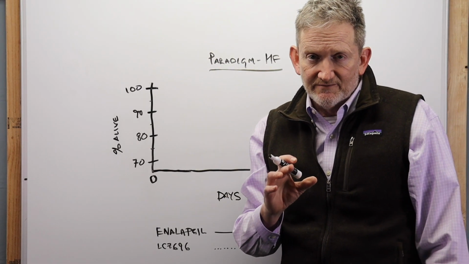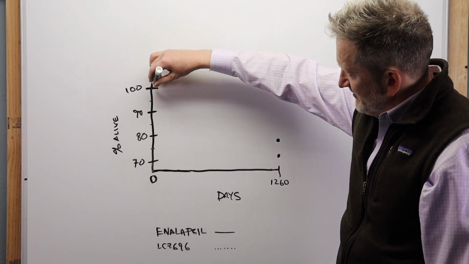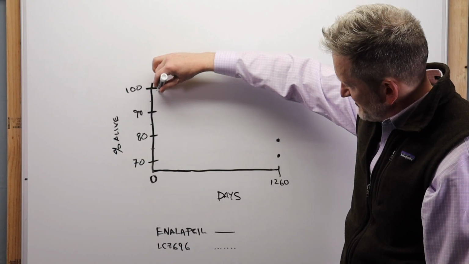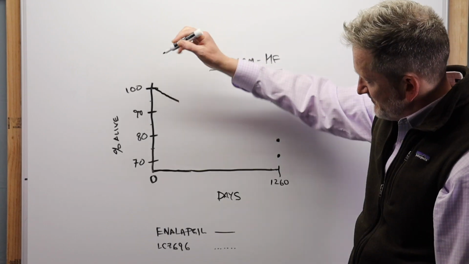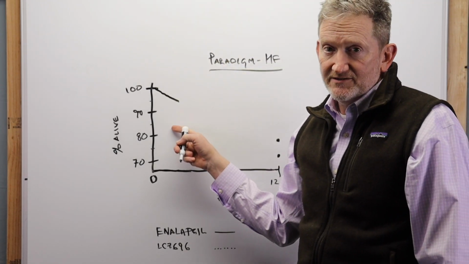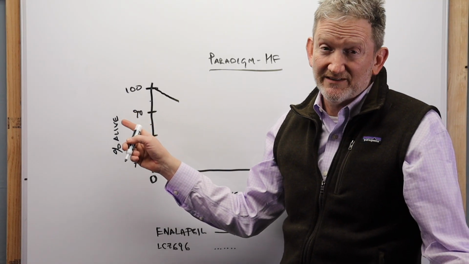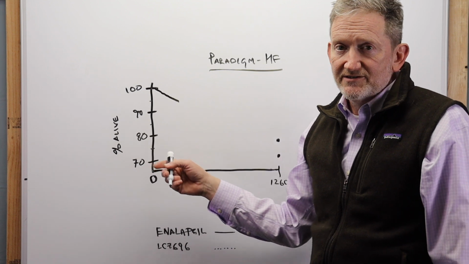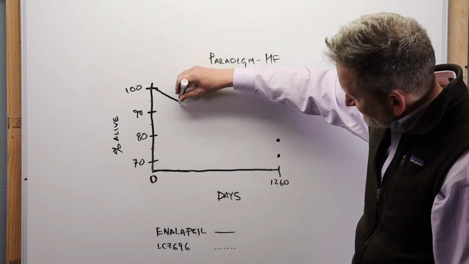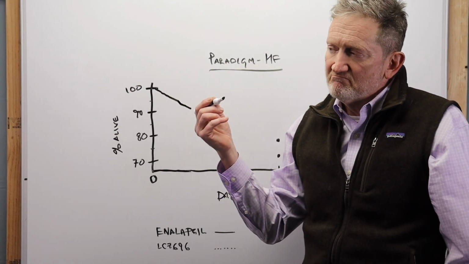And the researchers kept track of what happened to each and every person. So, as days started to proceed, the number of patients started to decrease who were taking enalapril, and the percentage of those patients who were still alive started to decrease as well. Kind of a little bit surprising.